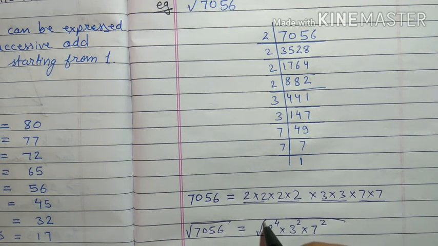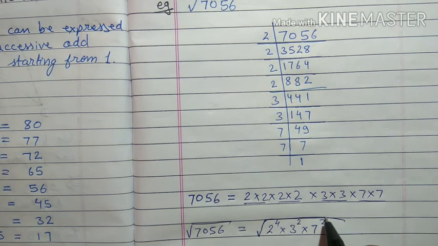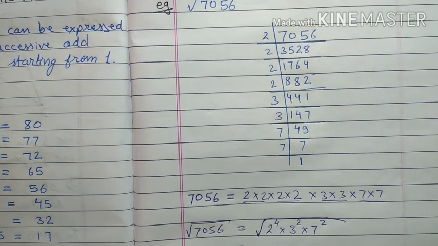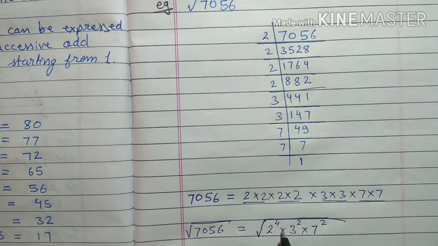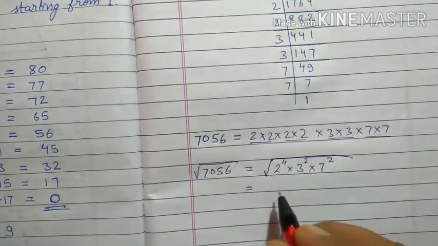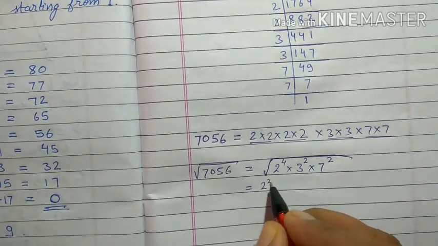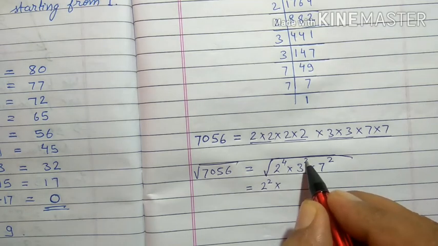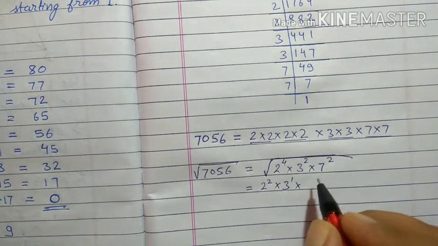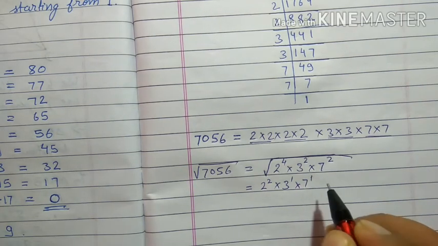As we know, when we take the numbers outside the square radical, we take half of the powers. 2 to the power 4 becomes 2 to the power 2, then half of 2 is 1, so 3 to the power 1, and half of 2 is 1, so 7 to the power 1.